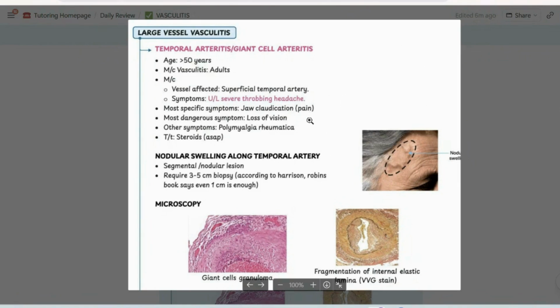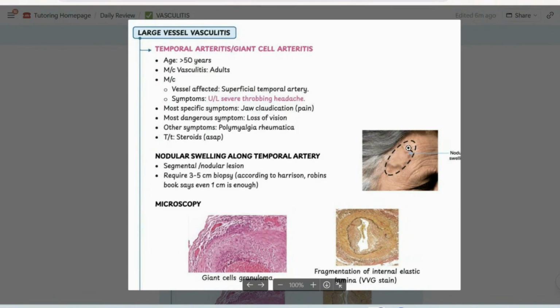Okay. We'll look more into this when we go into rheumatology, but for now that's just a basic understanding. Okay. Now, because as I said, it has segmental lesions, right? It's not continuous. So you do have to do a biopsy, but the biopsy has to be of certain length, right?